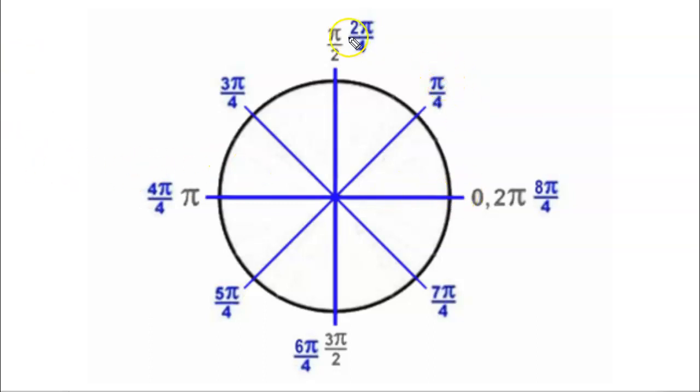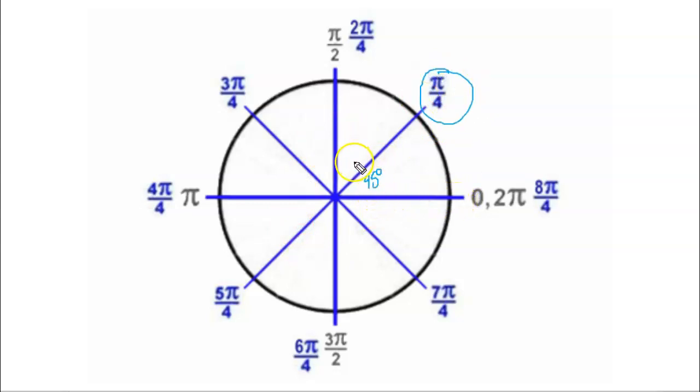So we have 1/4, 2/4, 3/4, 4/4, 5/4, 6/4, 7/4, and 8/4. And that helps us to figure out our radian measures without having to do conversions, without having to memorize every single one of those numbers. All we're really memorizing is that to count the 45-degree angles around the circle, we're counting by 1/4 pi.